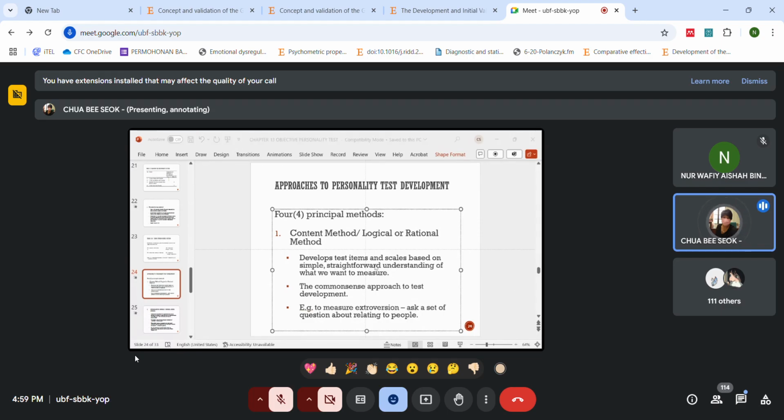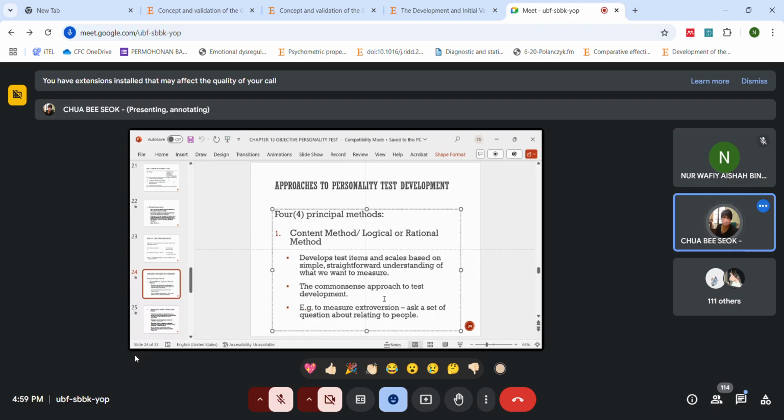So rational approach means you develop the test based on theory. You develop test items and scales, or the instrument, based on a simple, straightforward understanding of what we want to measure.